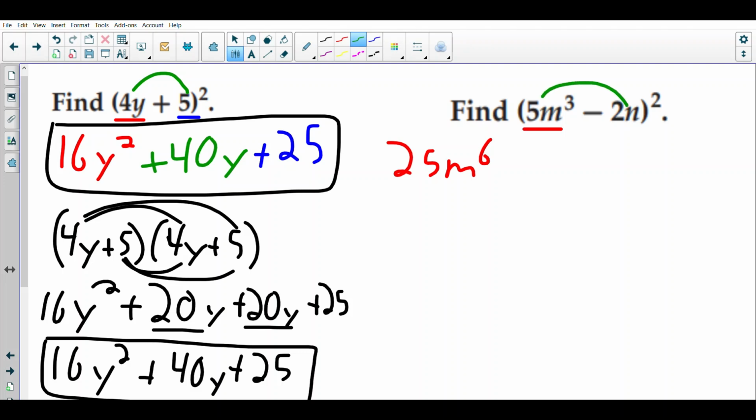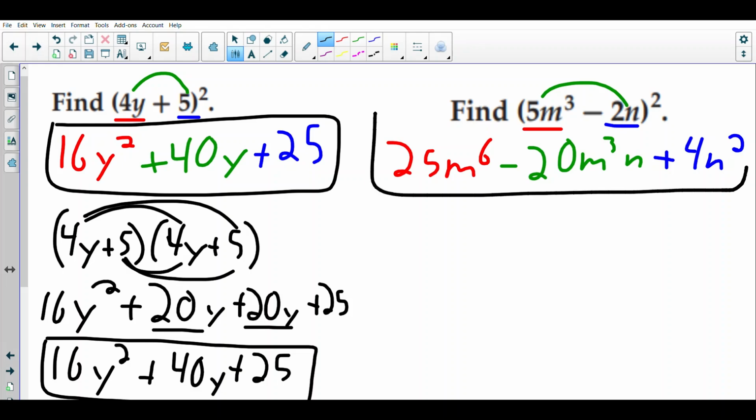Notice it's a negative 2n, so we have minus 5m to the third times 2n, that's 10m to the third n, double becomes 20, so 20m to the third n. And then square the last one, becomes positive 4n squared. And that's all there is to it. I did just show you that you can FOIL to make sure you're doing it right, but if you want to do it this way, I would go ahead and try it.